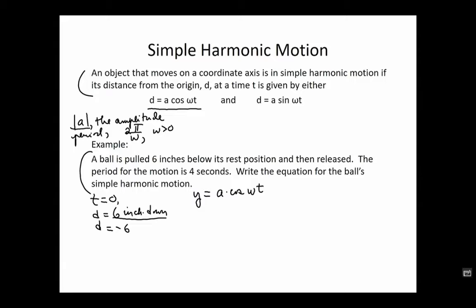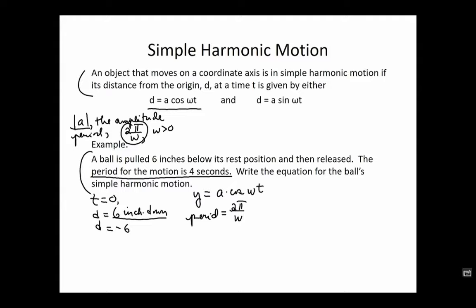So let's find omega. The period is going to be 2 pi over omega. And what do we know? It tells us that the period for the motion is 4 seconds.